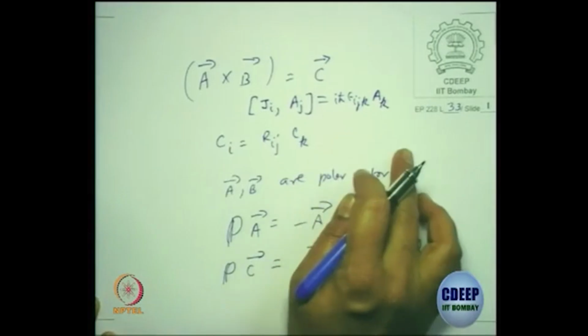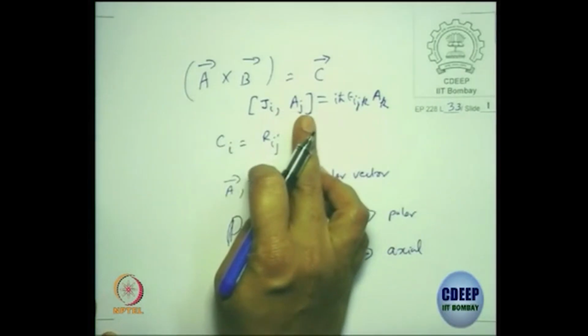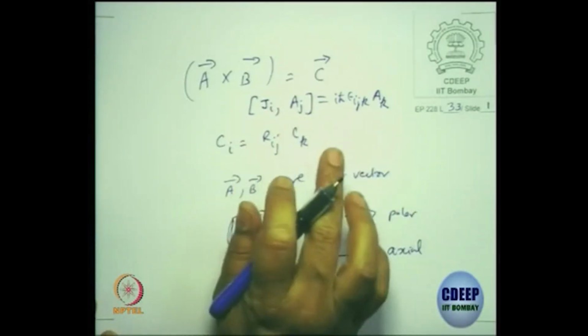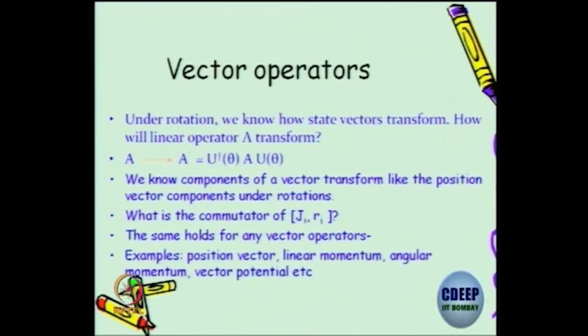I did not do this for you, but I gave you an indication that you know how to do it for R, and instead of R you replace it by A and you can do this. So what is this commutator? The same holds for any vector operator. For example, position vector, linear momentum, angular momentum, vector potentials are all examples of vectors. They are also vector operators in quantum mechanics.